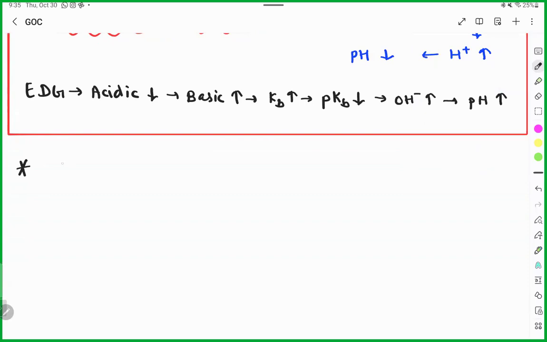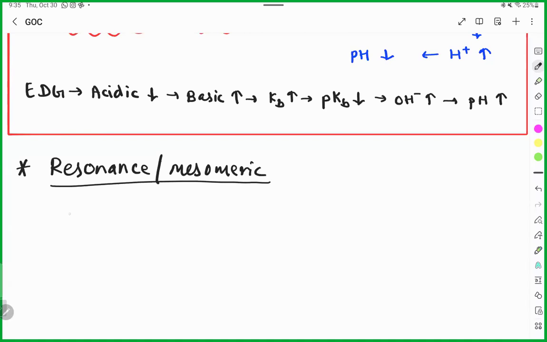Next part is resonance effect. Resonance effect is also known as mesomeric effect. In this mesomeric effect, there is a movement of pi electrons.